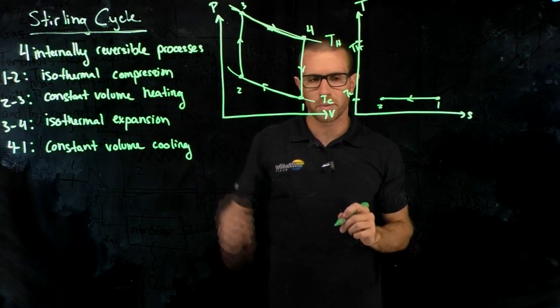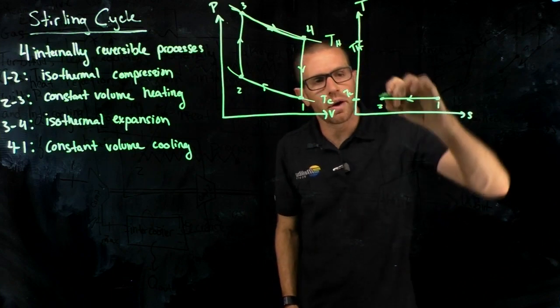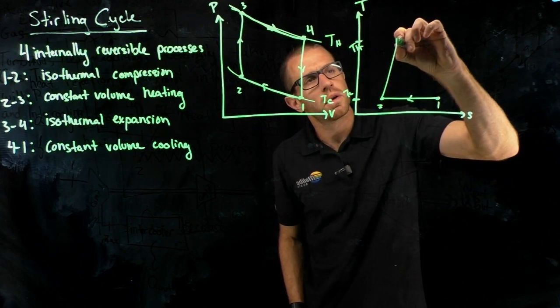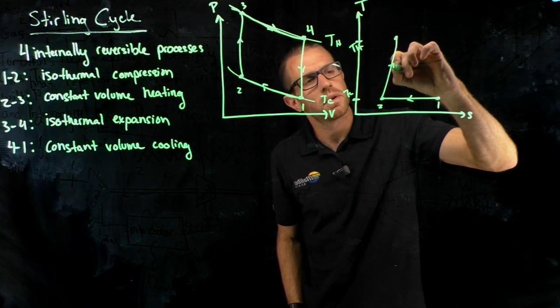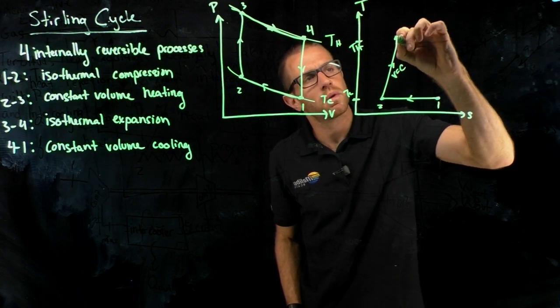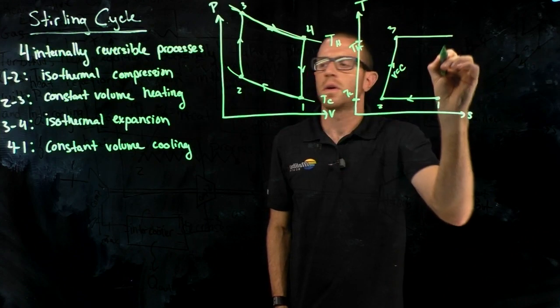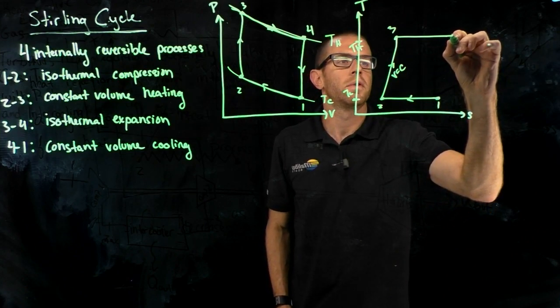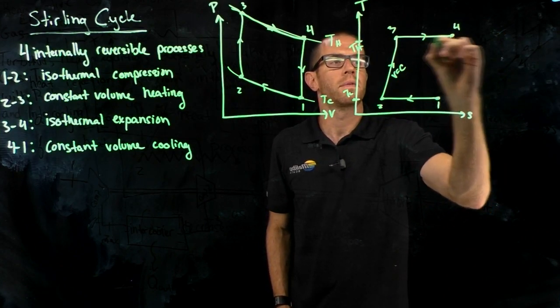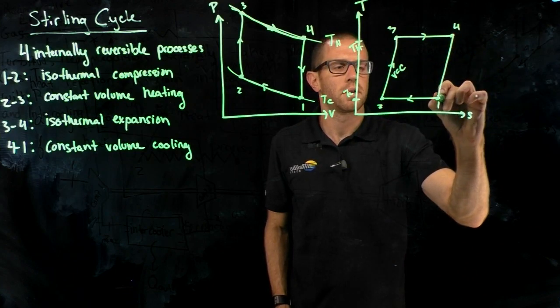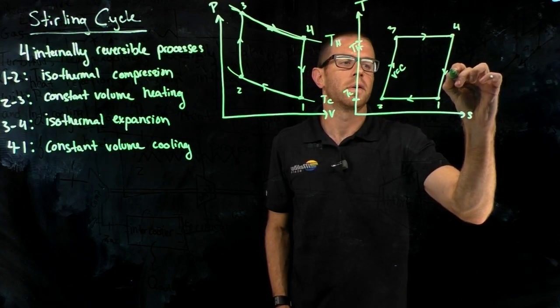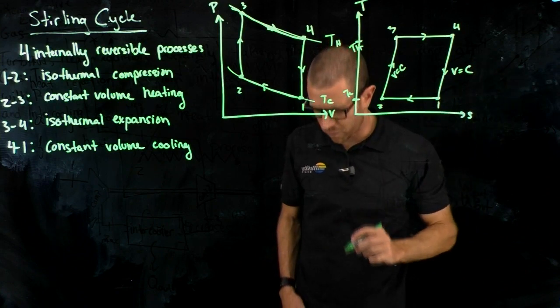Now I've got constant volume heating, so I'm going to be on an isochord up to 3. Isothermal expansion from 3 to 4, and then again constant volume cooling from 4 to 1.